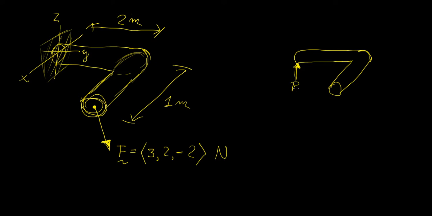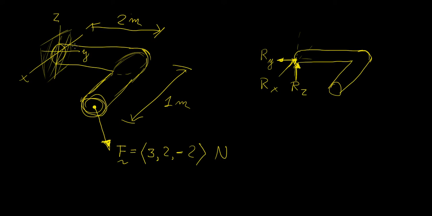So let's call it Rz. Then we're going to have some force in the X direction going this way, and we'll call it Rx. And then some force in the Y direction, and let's assume that it's going this way, so let's call it Ry. So we have 3 reaction forces, one in each of those coordinate axes.